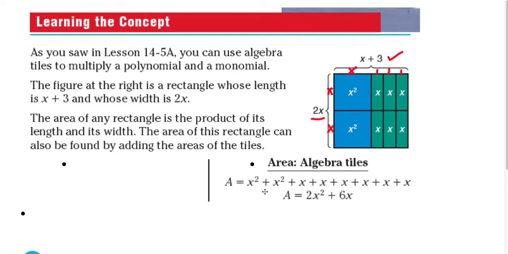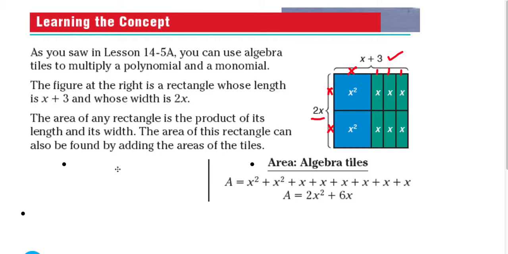So if we add them all up, the x squared plus the x squared, and all the x tiles, will give us 2x squared plus 6x. That is the area of this particular rectangle when the width is 2x and the length is x plus 3. And that's using algebra tiles.